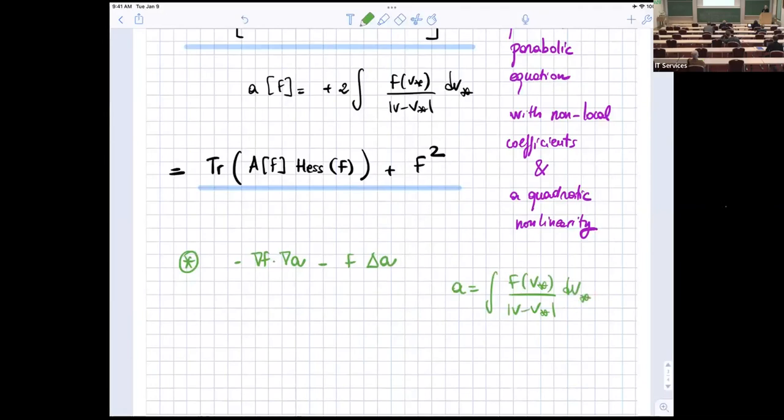So in 3 dimensions, this is actually the Riesz potential. So Laplacian A is actually negative f. And that's why we get the quadratic nonlinearity.